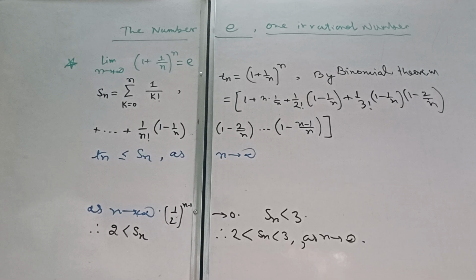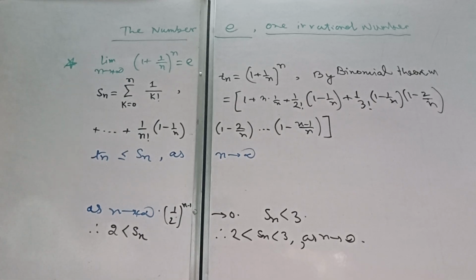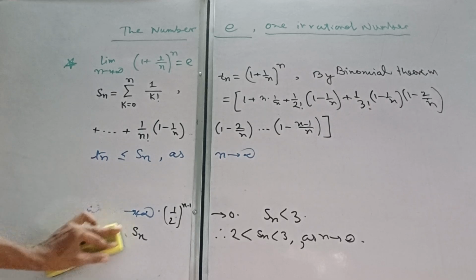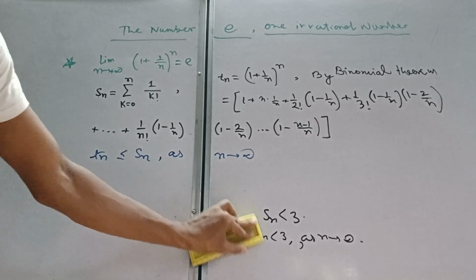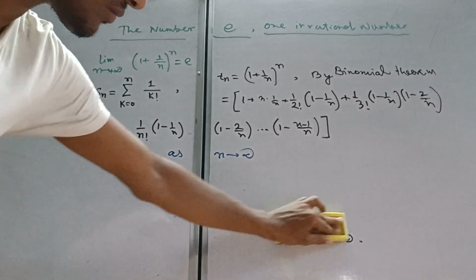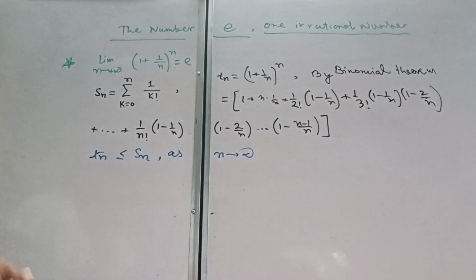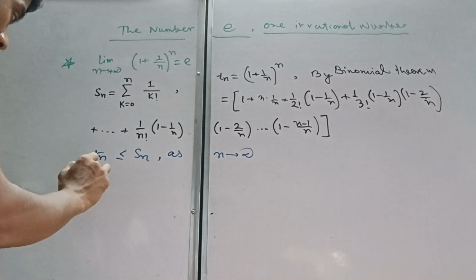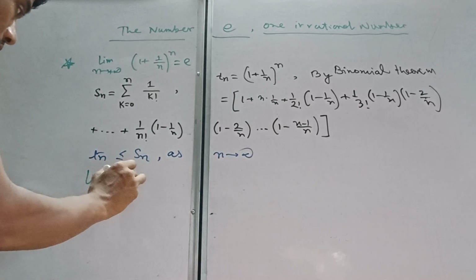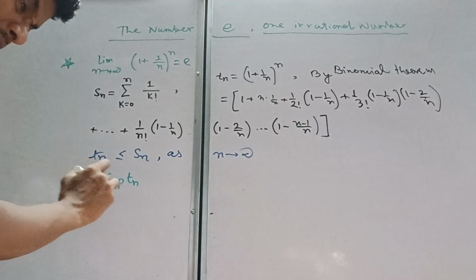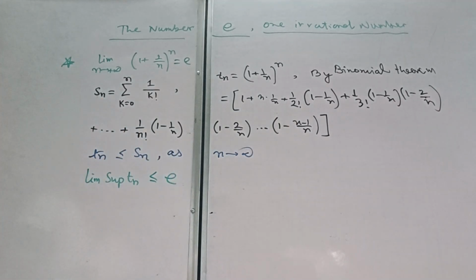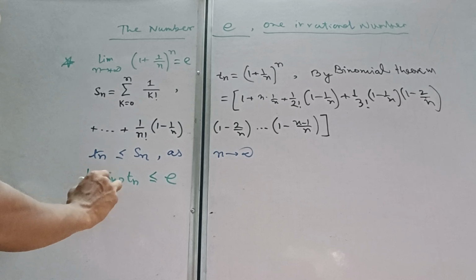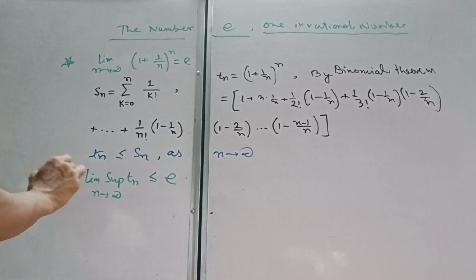Then we also develop that the limit supremum of Tn is less than or equal to e, where the limit as n tends to infinity of Sn equals e.